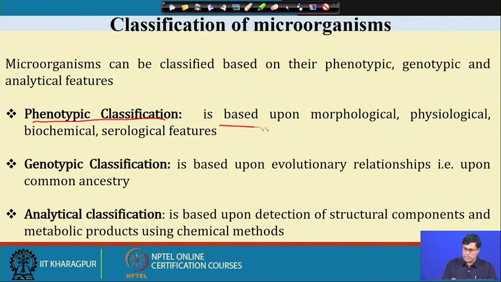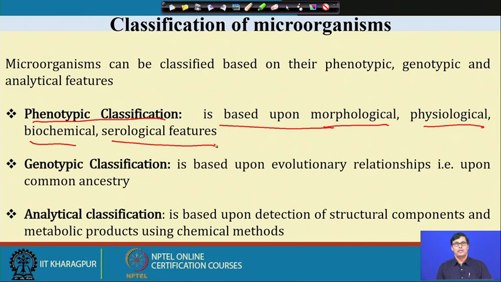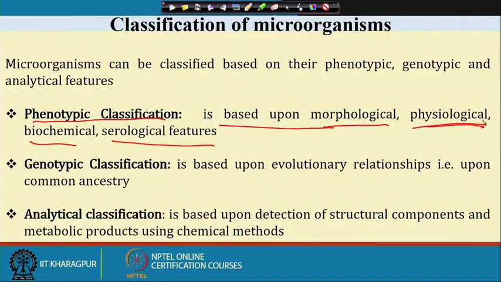Phenotypic classification is based on morphology, physiological, biochemical, and serological features. We see the organism under the microscope, how it looks. Then we take the physiological characteristics into account. Then biochemical analysis can find out the characteristics. And serological means we take the serum and analyze it to find out the different specialties. So on the basis of phenotype, classification can be done.